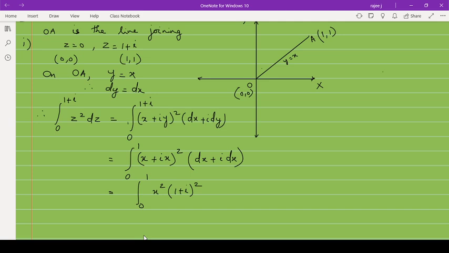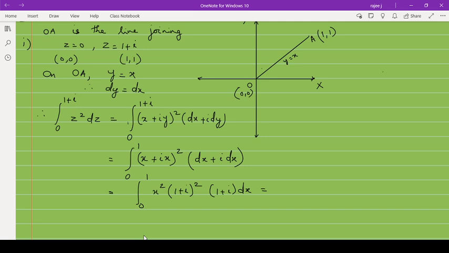This is not necessary to do like this, you can expand it, or expand it here itself and after that replace y with x. Here also dx is a common term, so (1 plus i) into dx. Now 1 plus i here and 1 plus i here also.